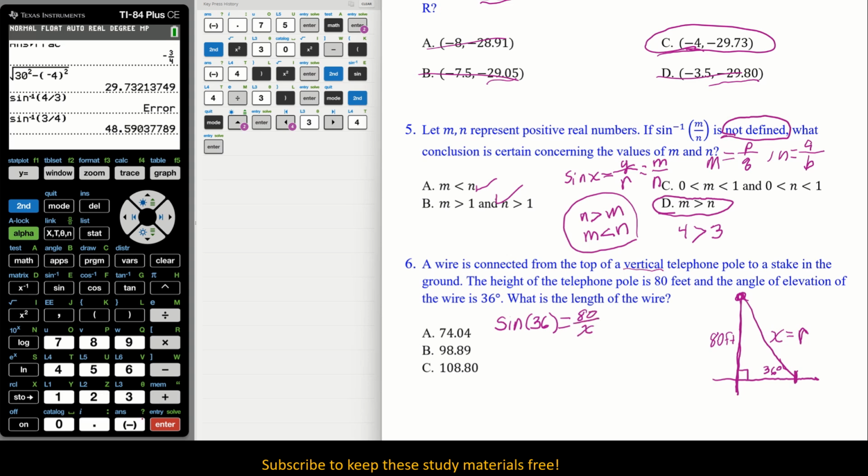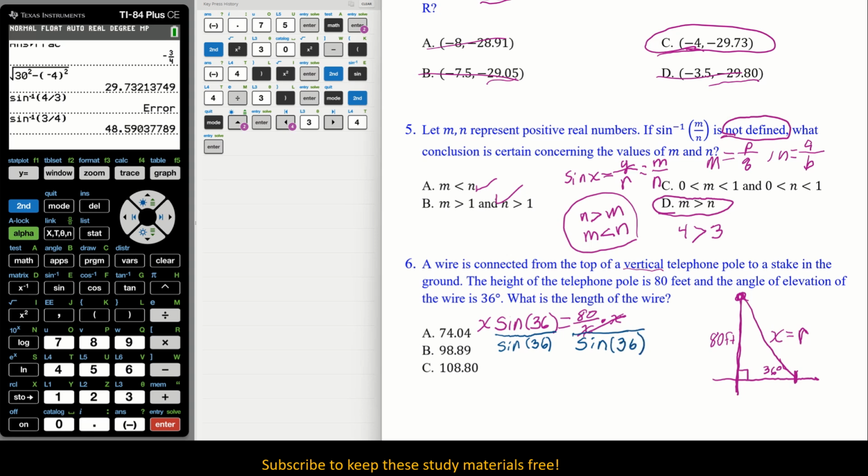Well, we obviously need to multiply both sides by x. And now we divide both sides by sine of 36.